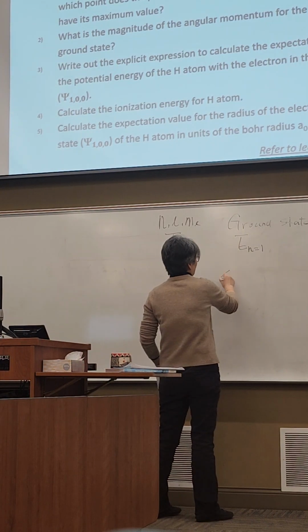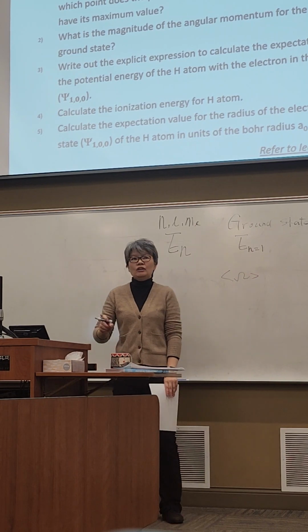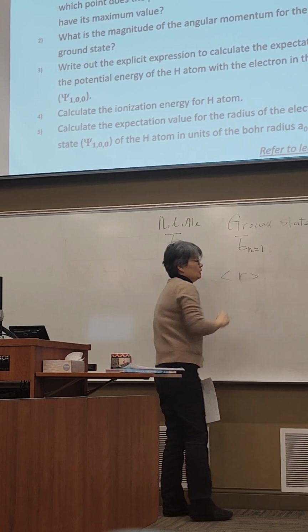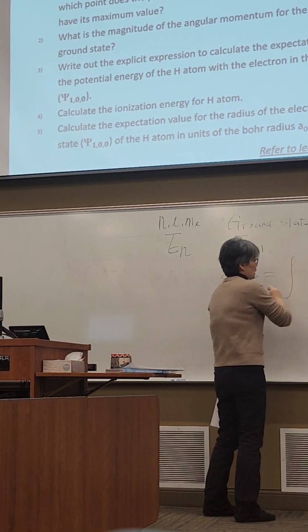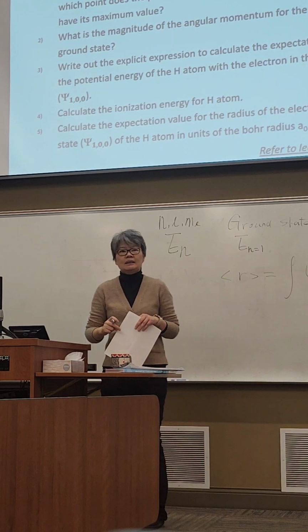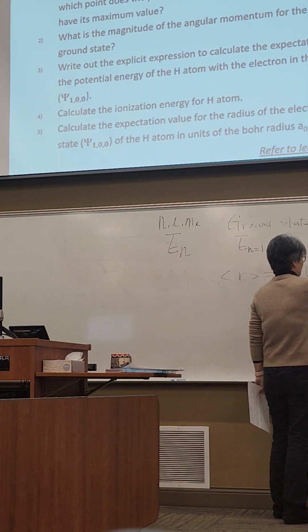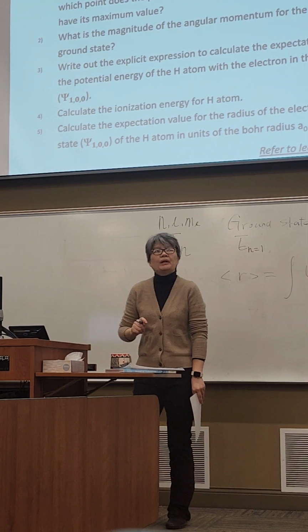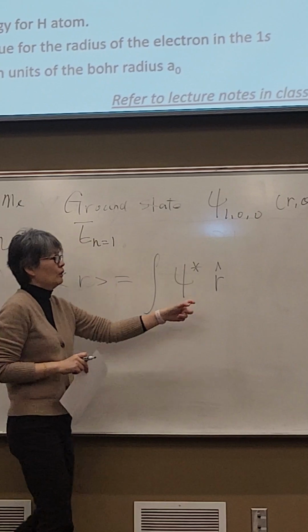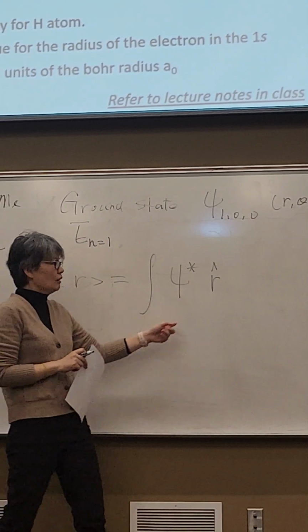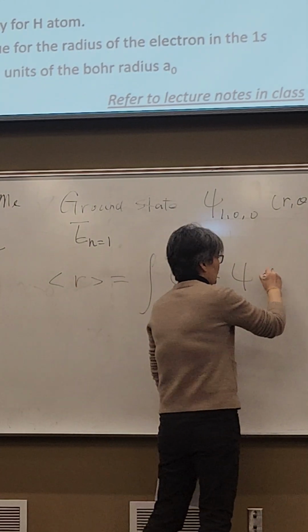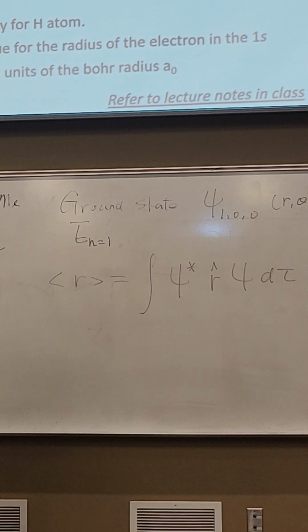To calculate the expectation value for any observable of interest, omega, you take an integration of the state that defines the system, multiplied by the operator for that observable. Here the observable is the radius, so you have an operator for the radius operating onto your wave function, integrated over space.